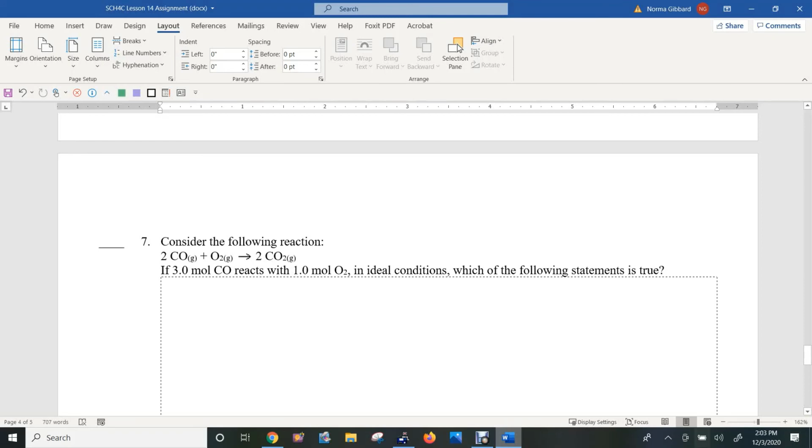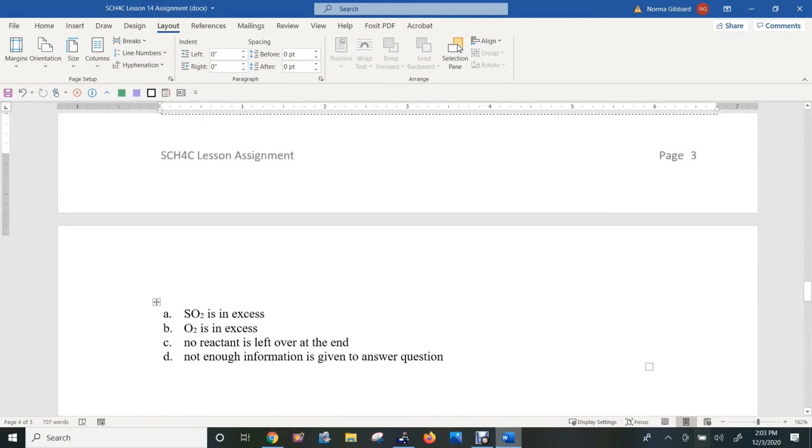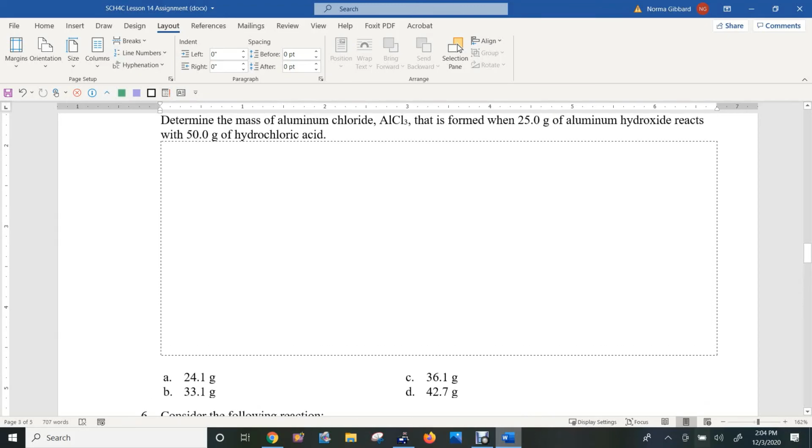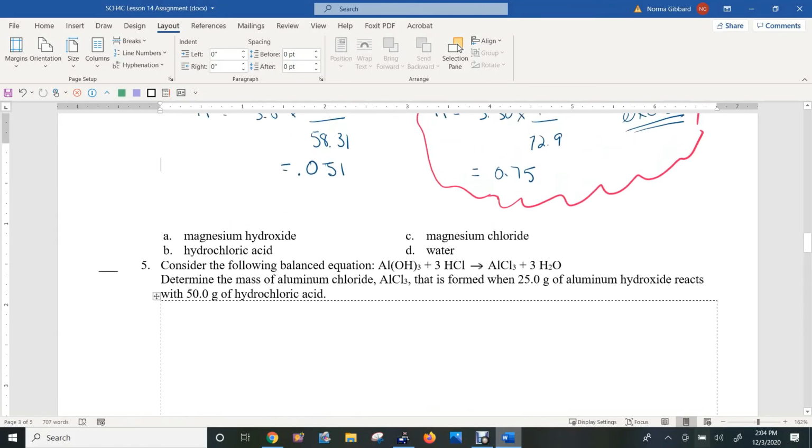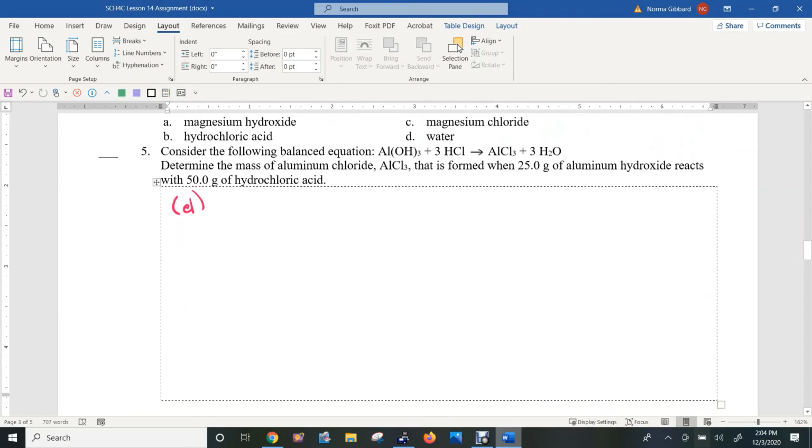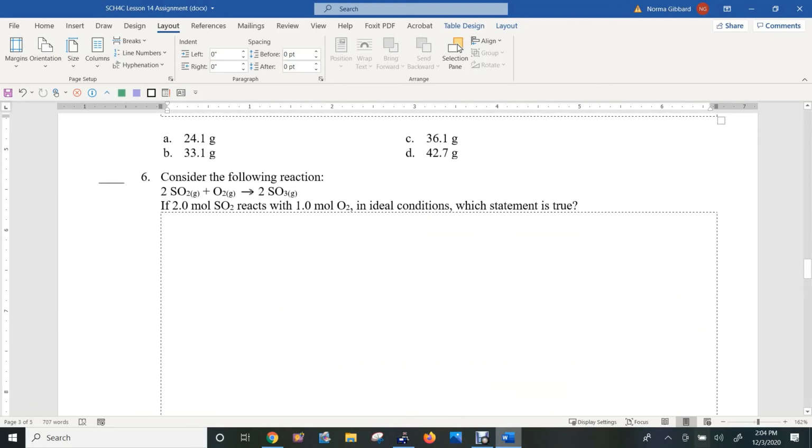For number 5, consider the following balanced equations. Our answer here is going to be D, which is what you should find. For number 6, you should see that the answer is going to be C.